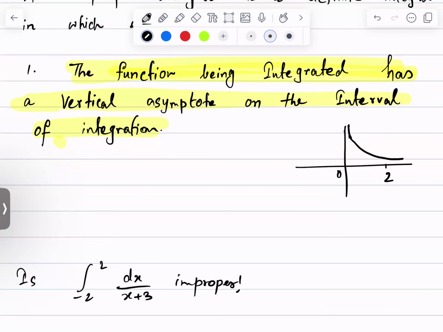So I can call this line, x equal to 0, a vertical asymptote. Why? Because informally speaking, as you go near 0, the function approaches this line and behaves like the line when you go very high towards infinity. Okay, cool.